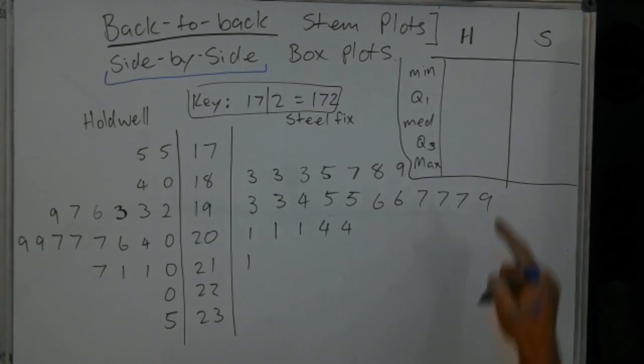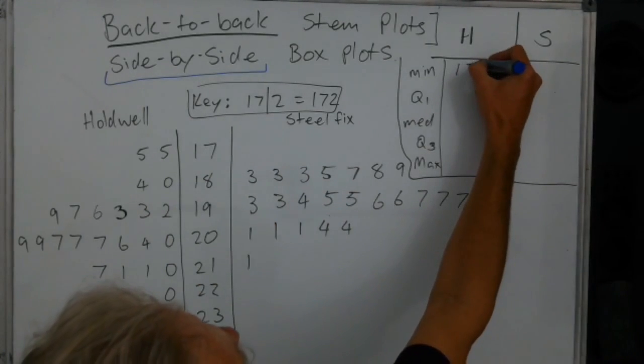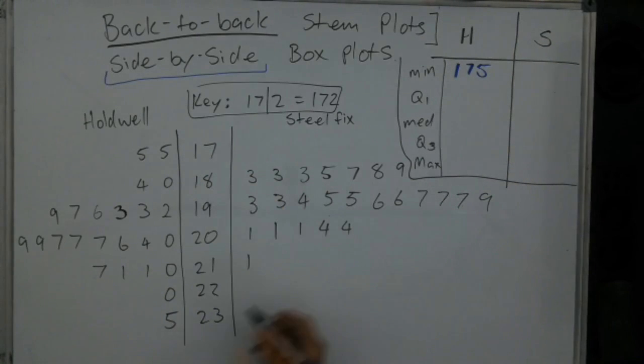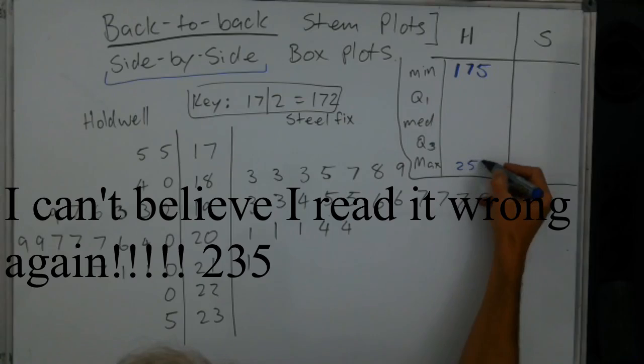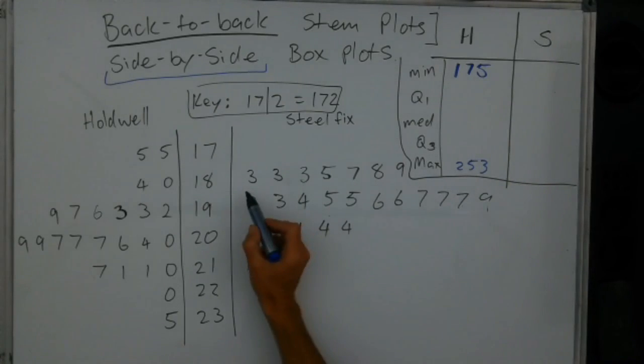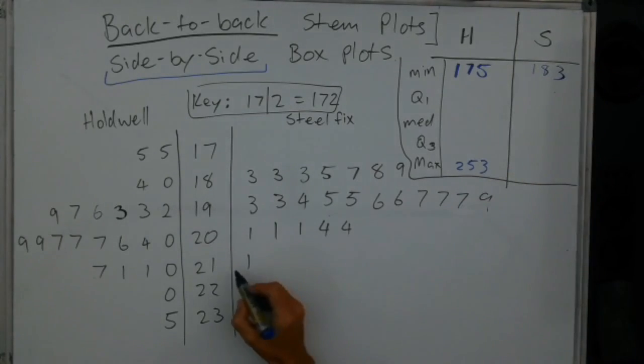Okay, so we're just reading straight off the values. The smallest value, 175. And the max value, 253. So I'm doing the easy ones first. SteelFix, the minimum, 183. The max, 211.